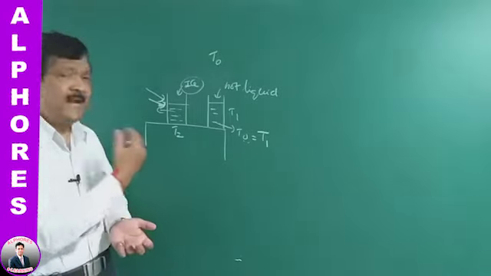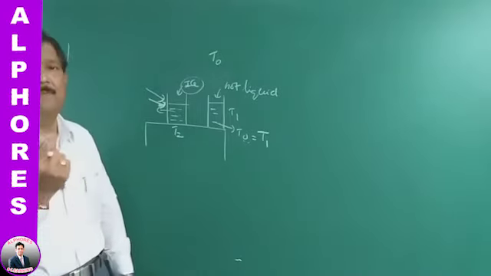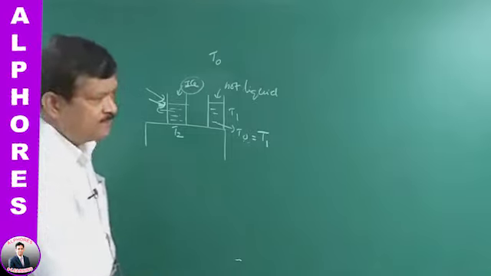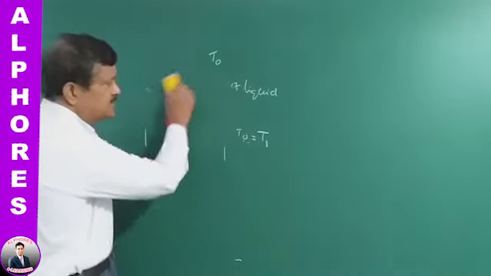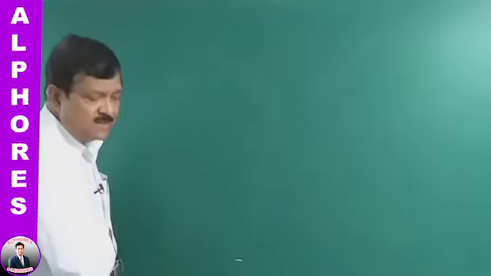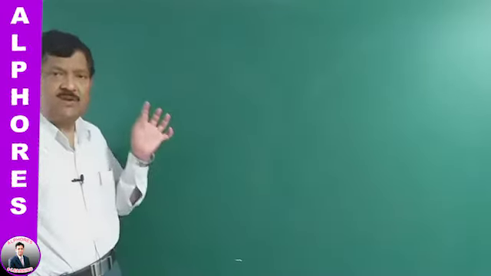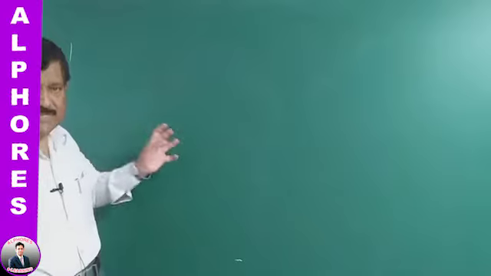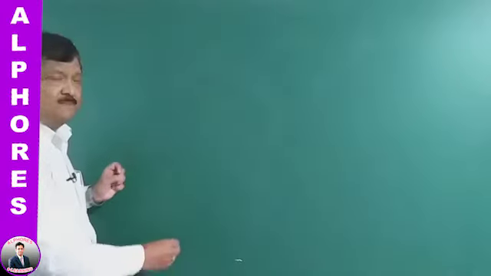Then, related to this thermal equilibrium, there is an important law called the Zeroth Law of thermodynamics. Actually, we study this law again in thermodynamics, but because it is related to the concept of thermal equilibrium, I am discussing it here. What is that?